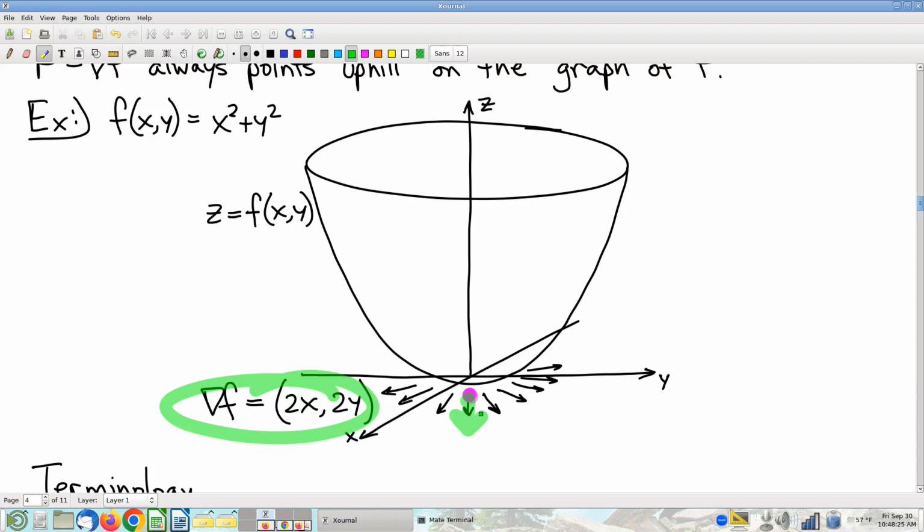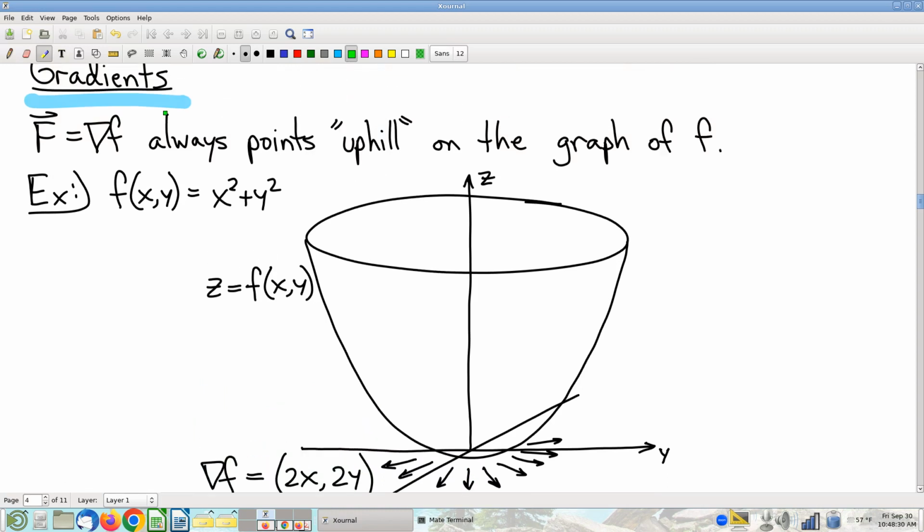So I'm going to revisit an old known fact, and that is that we already knew that the gradient vector points uphill on the graph. That was one of our first interpretations. As y'all recall, I prefer to think of this as the gradient points in the direction of fastest increase. But more commonly, the gradient is thought of in terms of what if I were looking at the graph of the function, and then the gradient points in the direction of steepest ascent, aka it points uphill.